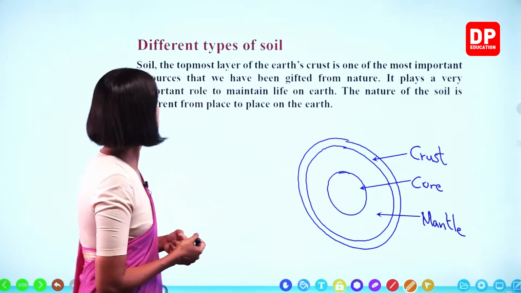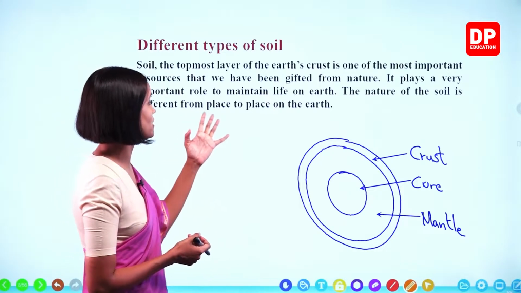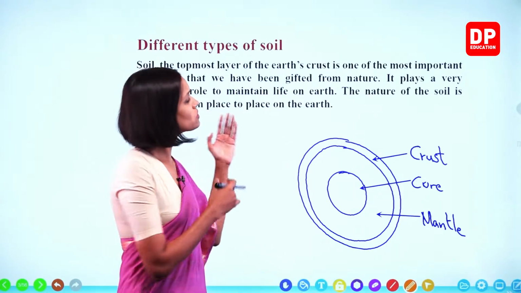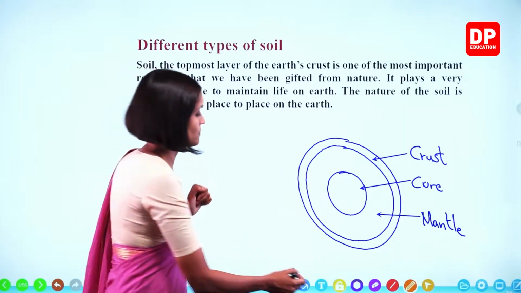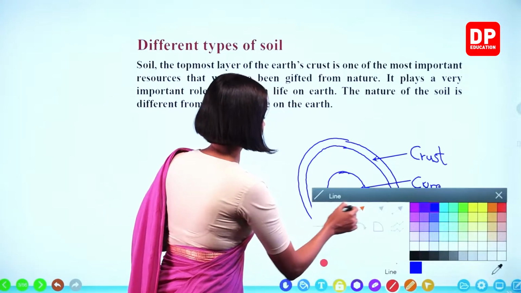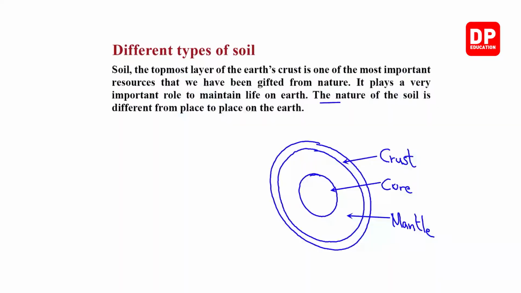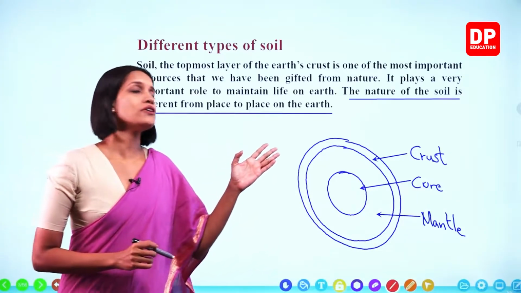The nature of the soil is different from place to place on the earth. So you must have observed this, right? When you consider the soil's nature, it's different from place to place, right? So how does it differ?